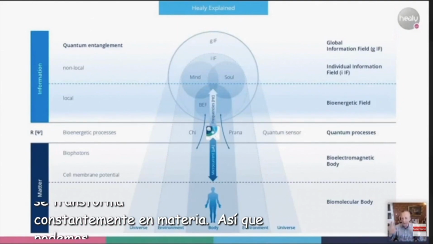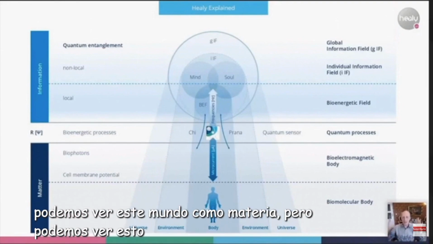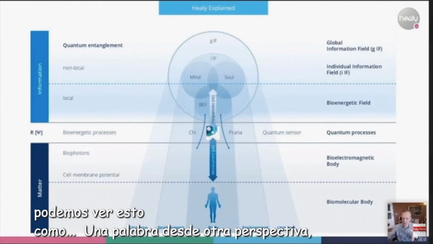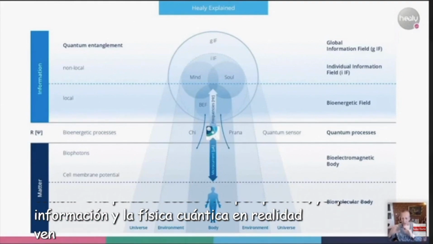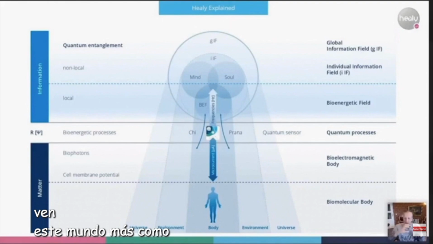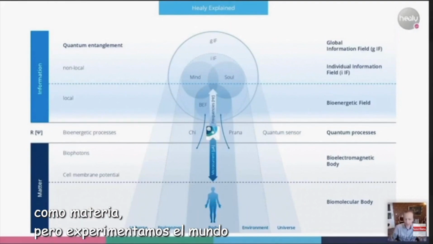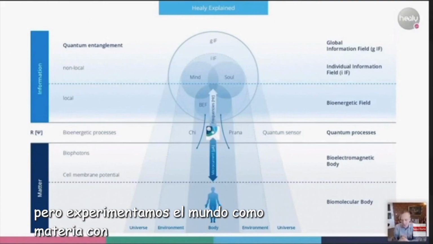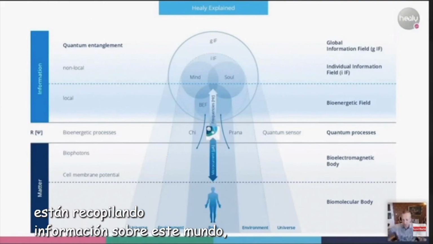So we can look at this world as matter, but from another perspective as information. And quantum physics actually looks at this world more as information than as matter. We experience the world as matter with our senses, but our senses are gathering information about this world.